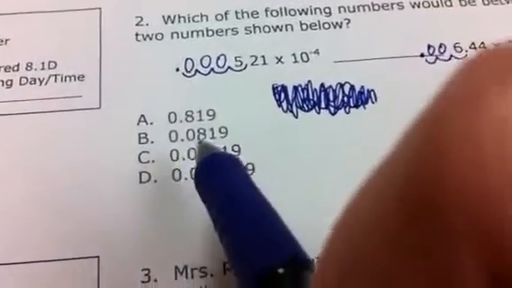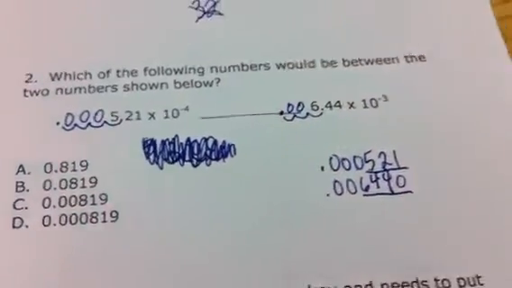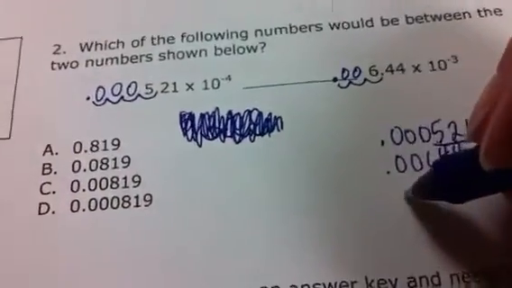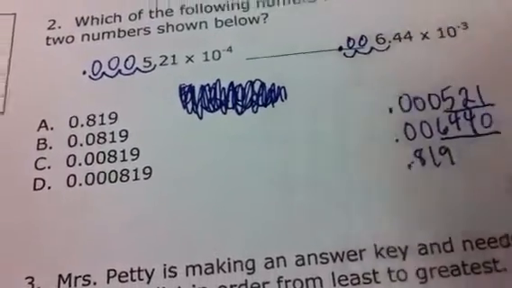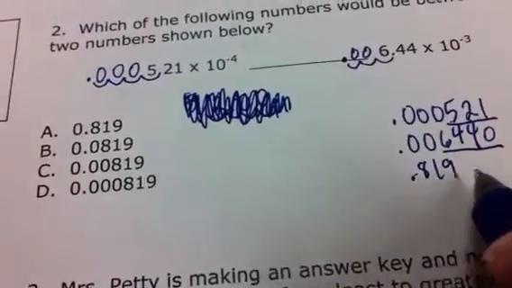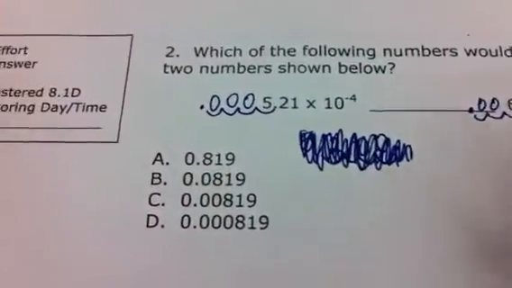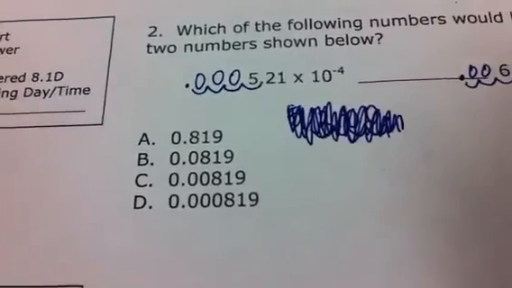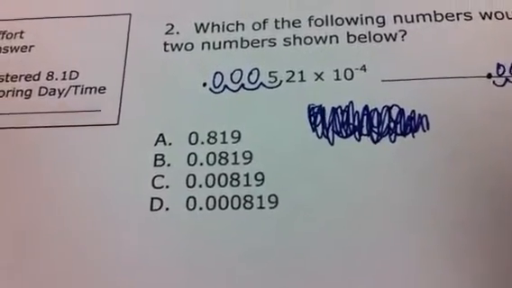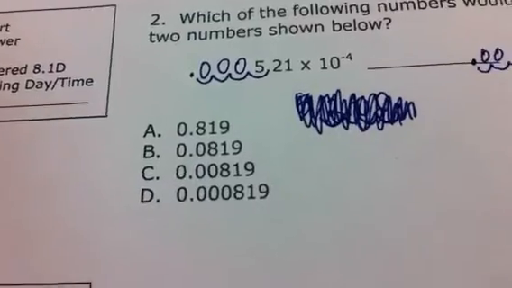So now let's go back to our answer choices. And we have 819. If we lined up 819, this would be so much bigger. Okay. So now let's look at B. We're going to line them up 0, 8, 1, 9.